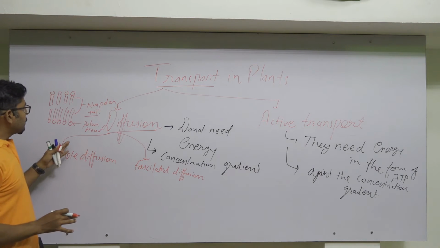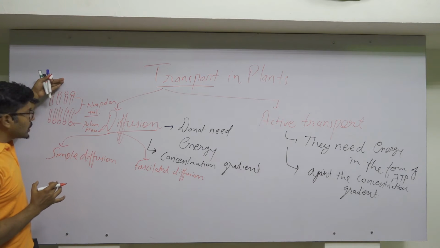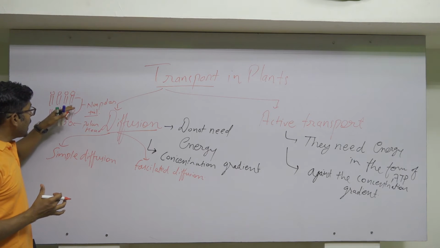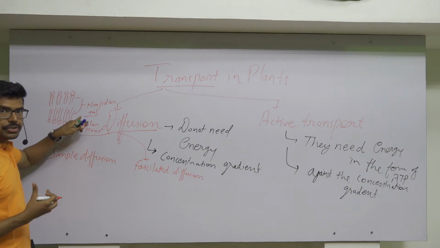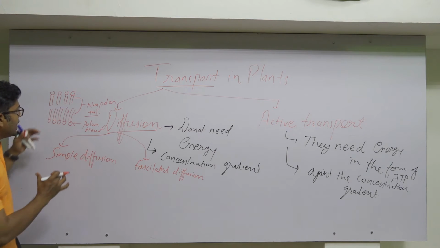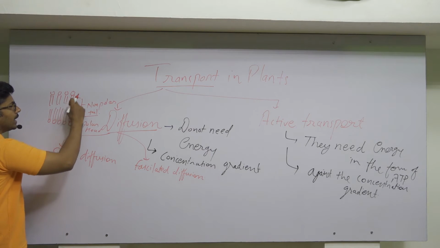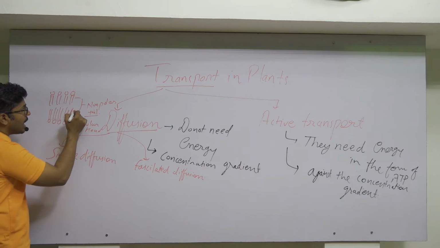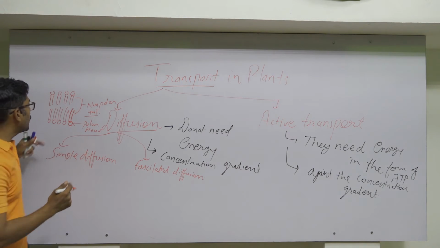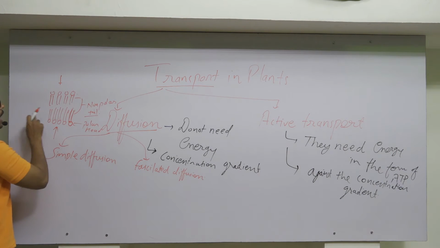The polar heads face the aqueous side, and the non-polar tails are hydrophobic in nature. That's why they face each other and are present in the hydrophobic phase. So this phase is hydrophilic and this is the hydrophobic phase.